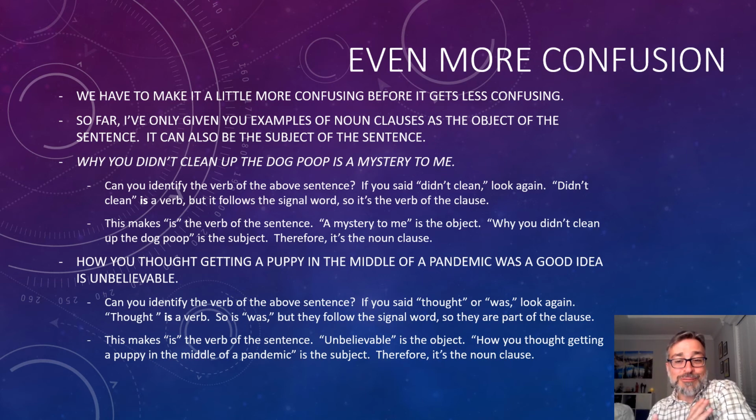So maybe you think the verb was "a good idea," but that's not it. It's "is unbelievable." So the whole thing up until idea, all of that's the clause. How you thought getting a puppy in the middle of a pandemic was a good idea: all of that's the noun clause. "Is" is the verb, and "unbelievable" is the object.